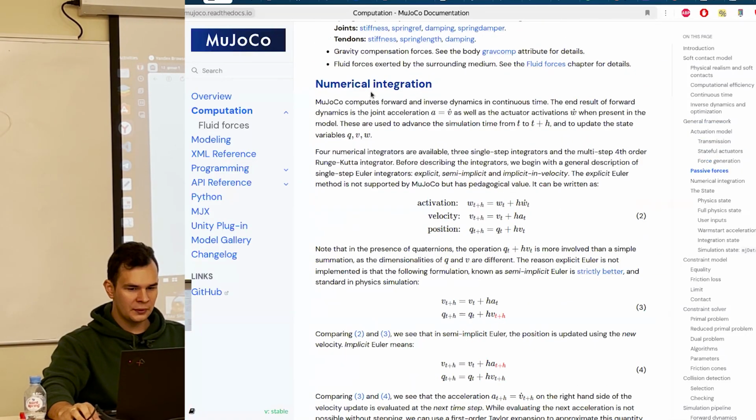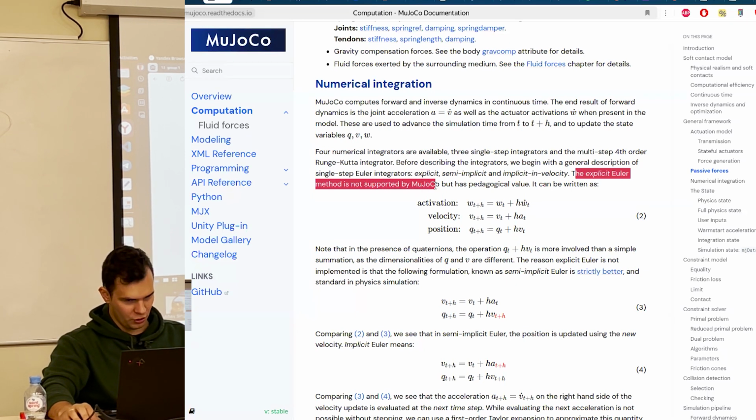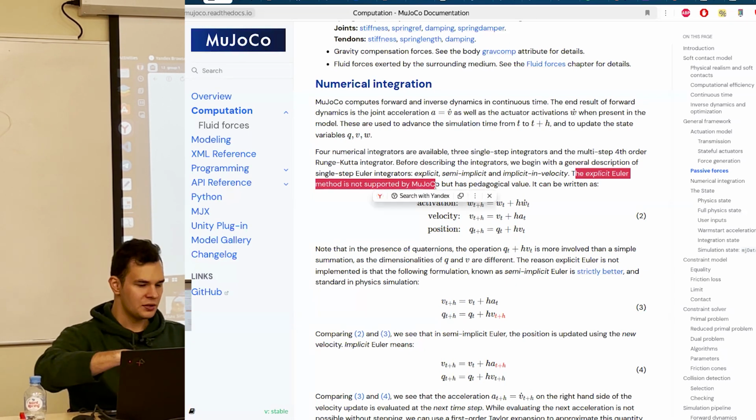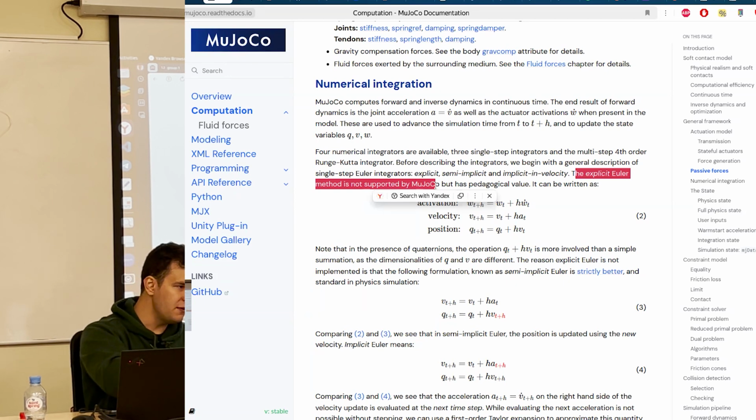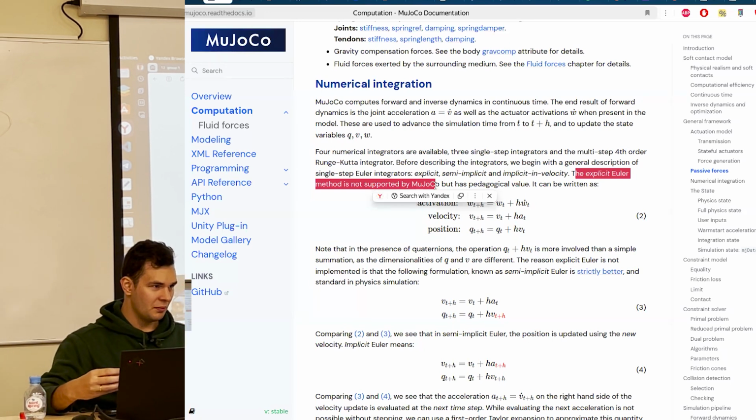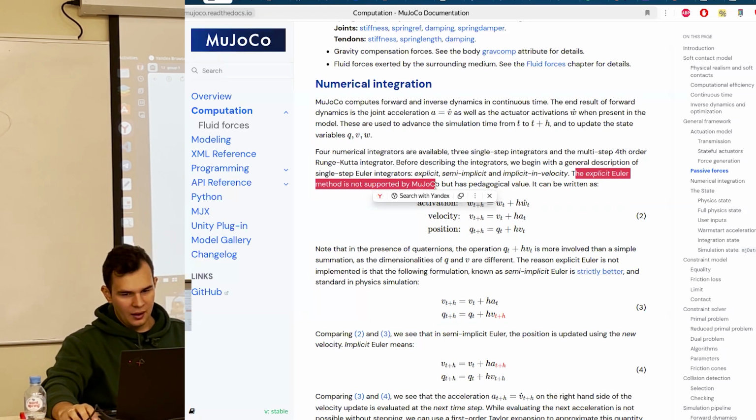So, numerical integration, and you will see that the explicit Euler method, forward Euler, it is explicit, is not supported by MuJoCo. Because of its inherent behavior, it's not stable, and this is why it's not included in MuJoCo. But it is the fastest one.